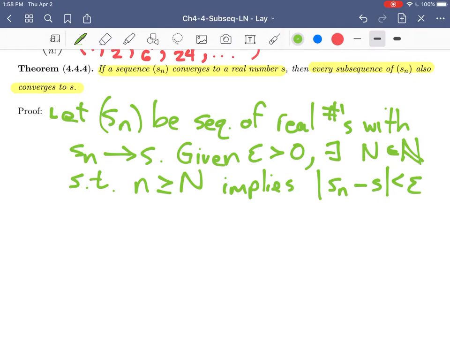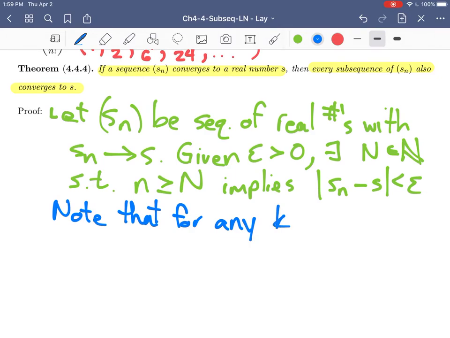Note that for any k, n sub k is greater than or equal to k.